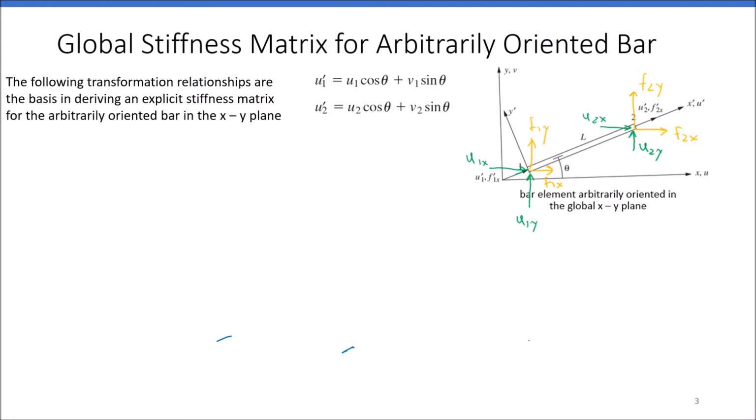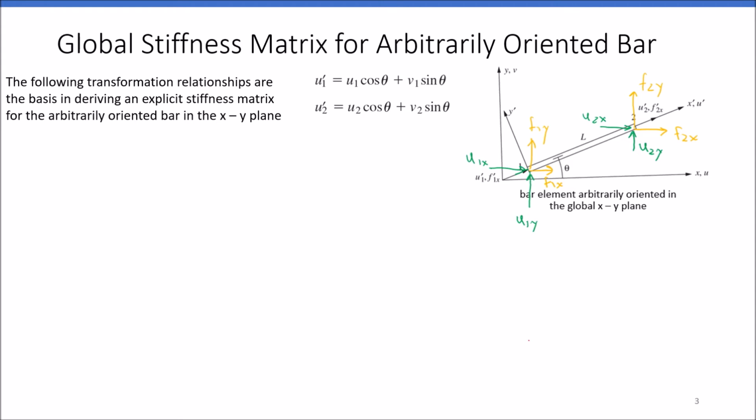Also, I can write u2 prime as equal to u2 cosine theta plus v2 sine theta. Please note that I have one component in the local direction, while I have two components with respect to the global direction.